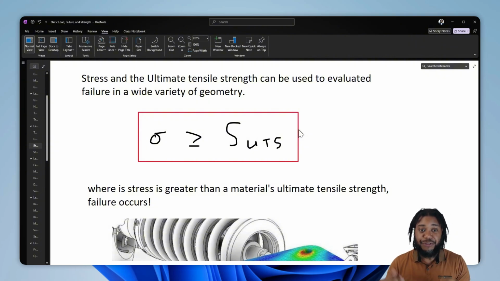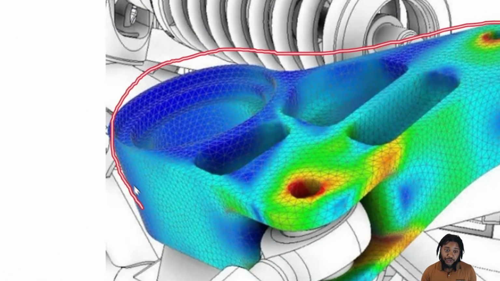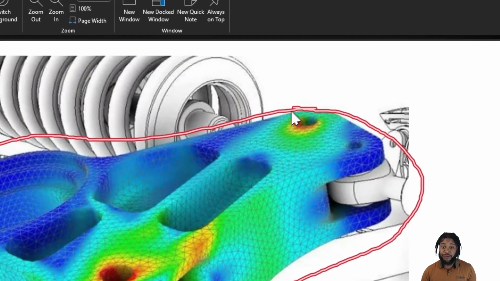Now, the reality in real, complex parts is that the stress distribution is not uniform.